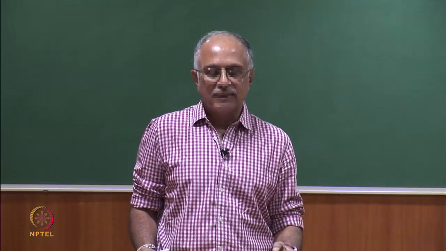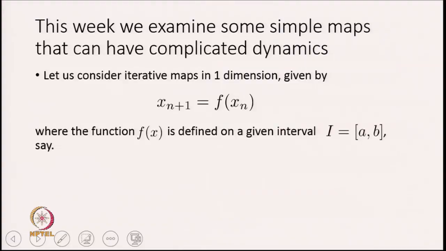So, with this background, let us start looking at some simple maps that can have complicated dynamics. There is a very lovely paper by Robert May in 1976 with the title from where that line is drawn.